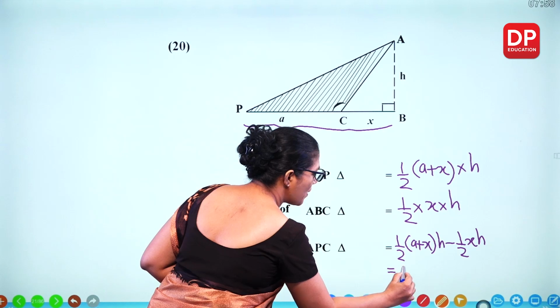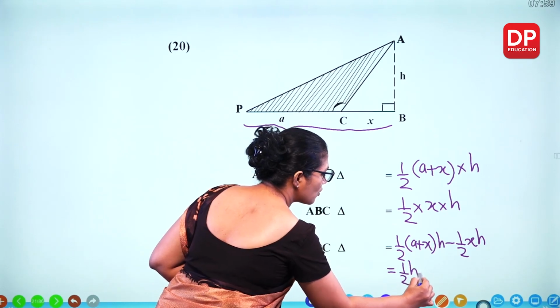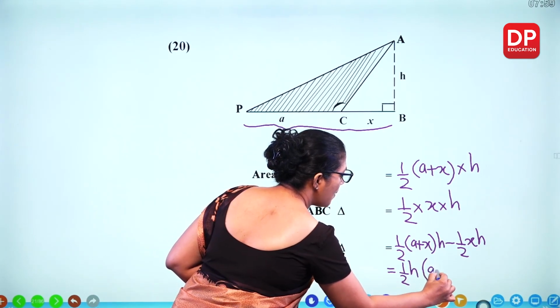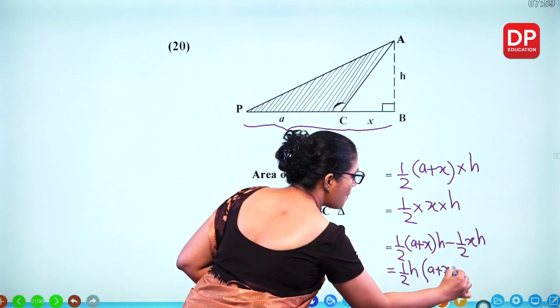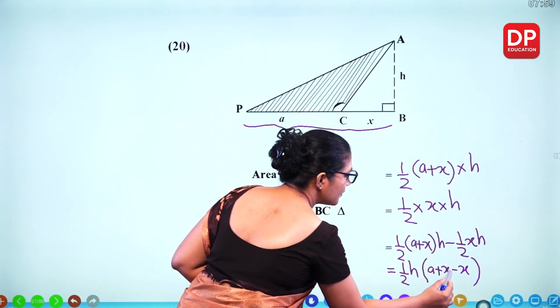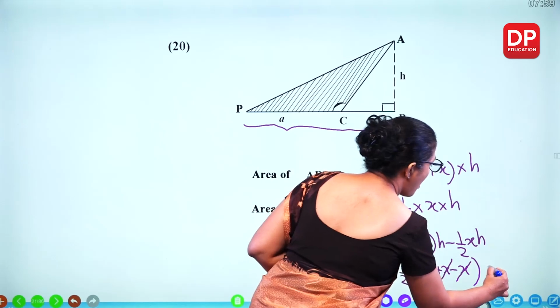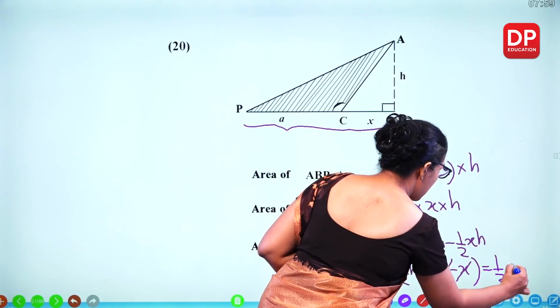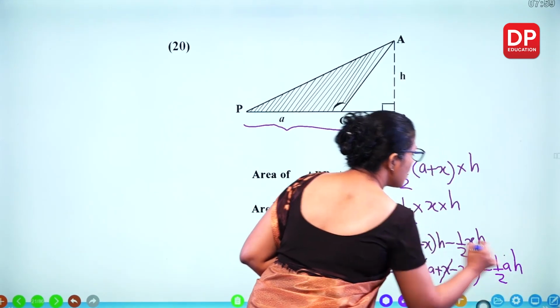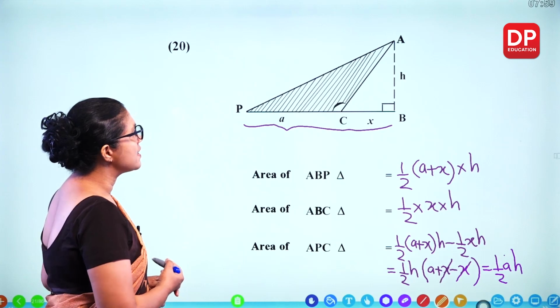Half h is common. Take it out. What's remaining? A plus x minus x. Now can you see x gets cancelled out and you are getting half AH. What does half AH mean?